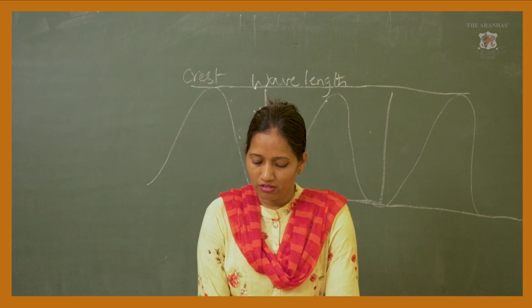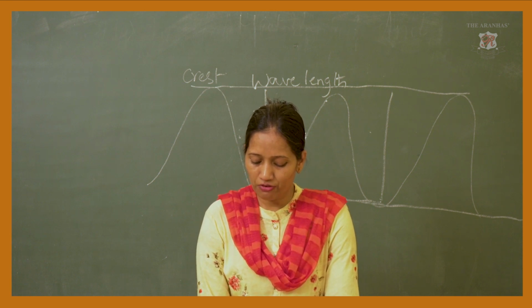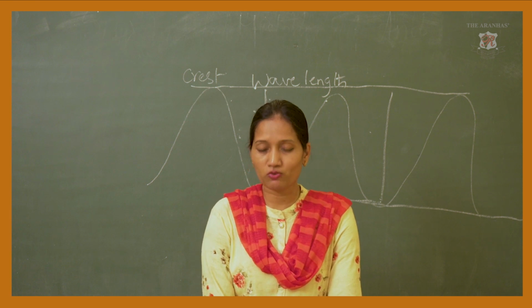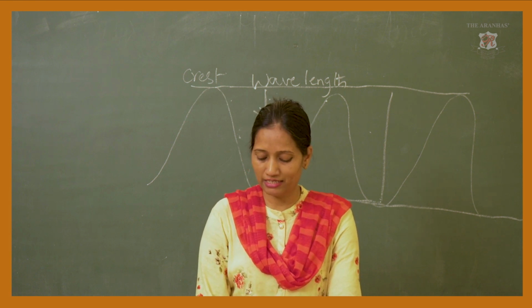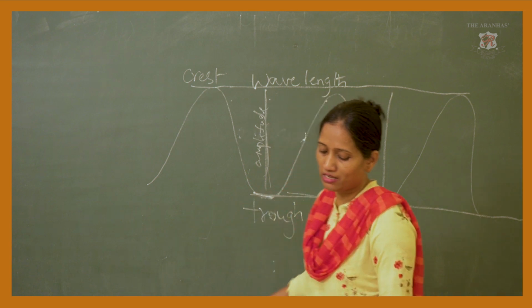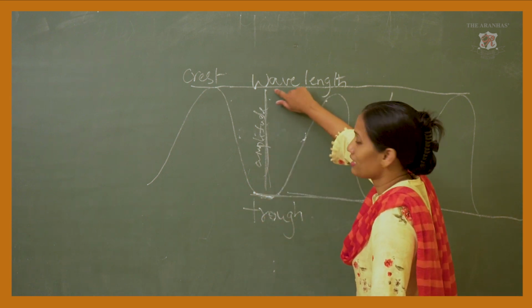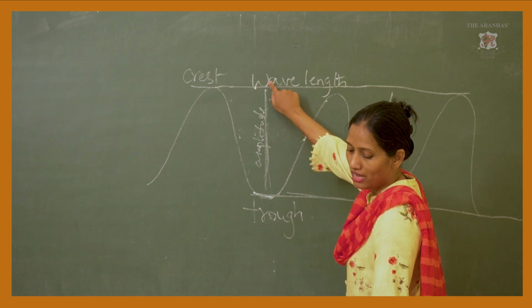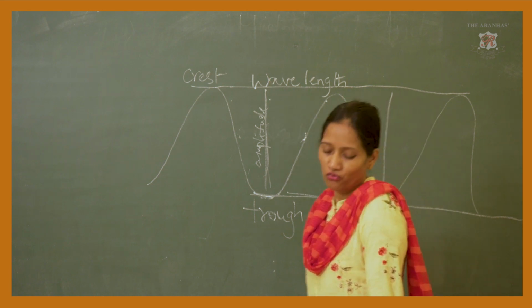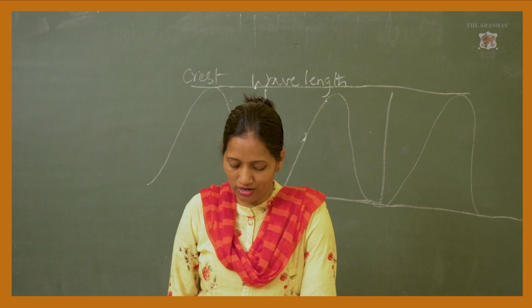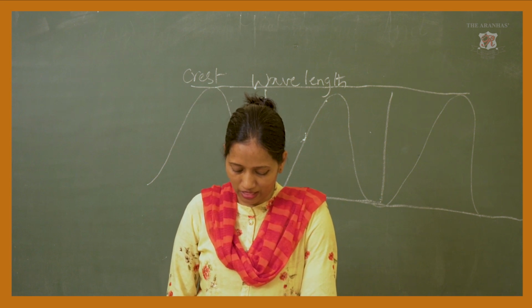The raised up portion of a wave is called crest and the depressed one is called trough. The vertical distance between a crest and the following trough, this vertical line, is called amplitude and the horizontal one is called the wavelength.